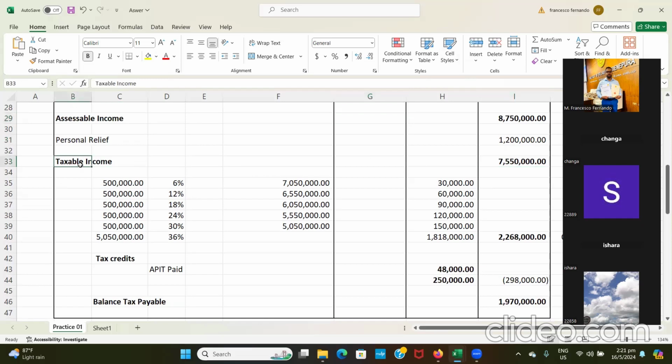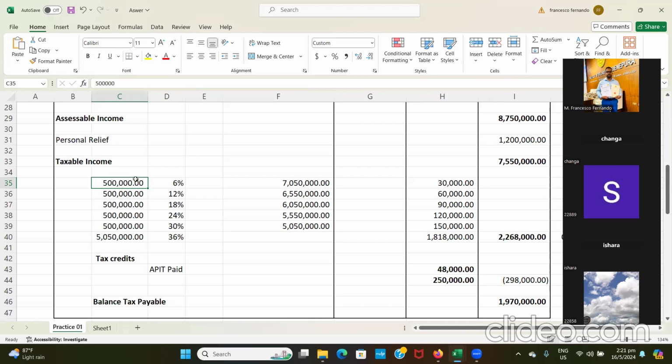And then the important thing starts. We must do the tax calculation. How to do the tax calculation? Very simple. There is a table for that, which will be shared later. There is a table to find the income tax rates.